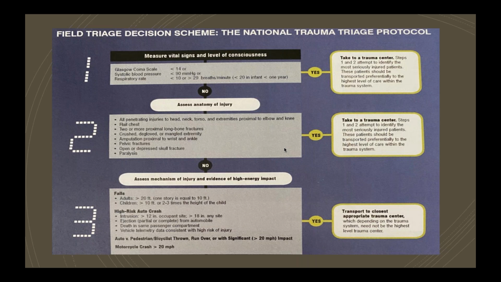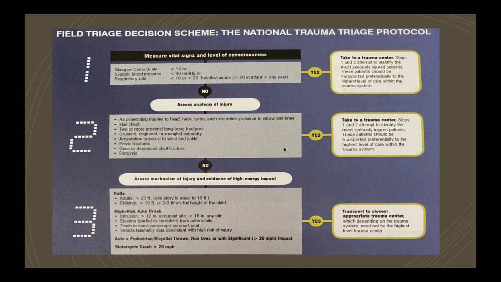So I just watched something not too long ago where we talked about this, death in the same passenger compartment. And I'll just throw out a scenario and you guys can tell me what you think.